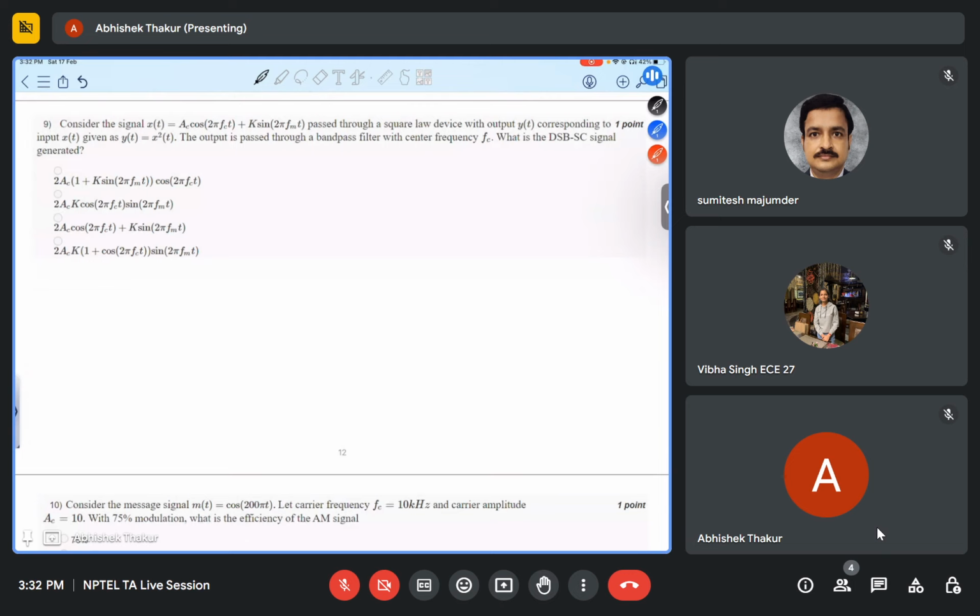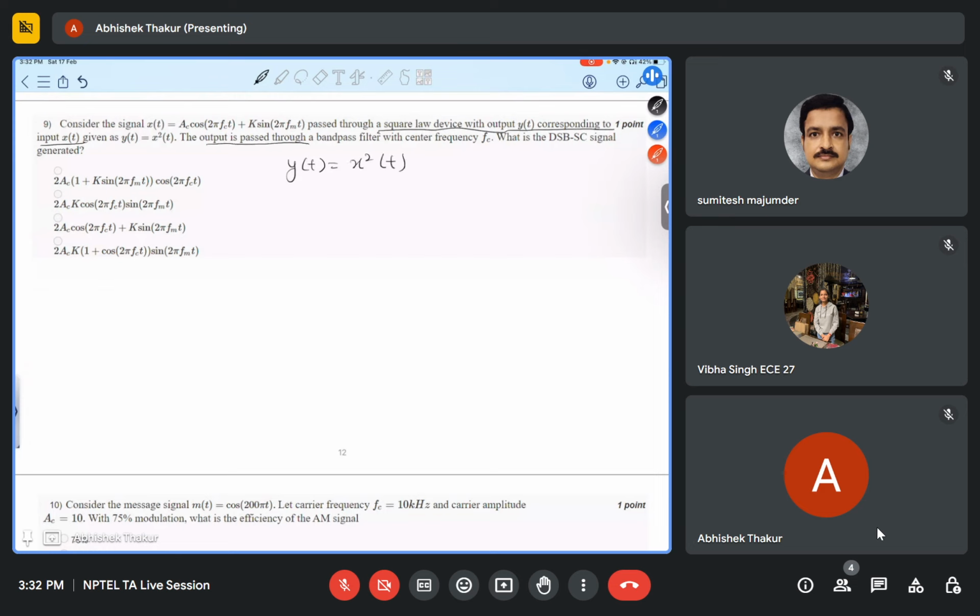Now moving on to the ninth question: consider the signal x(t) equal to Ac cos 2 pi fc t plus k sine 2 pi fm t passed through a square law device with output y(t) corresponding to given input x(t). y(t) is equal to x squared of t.